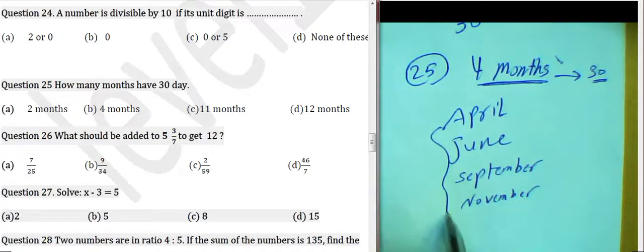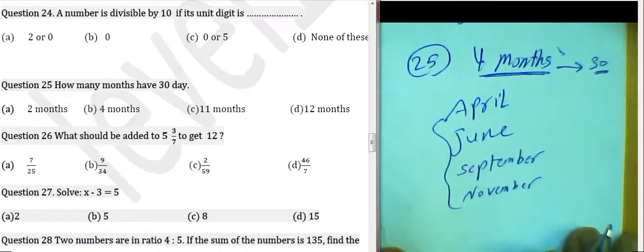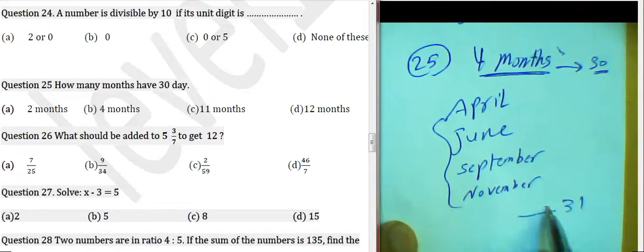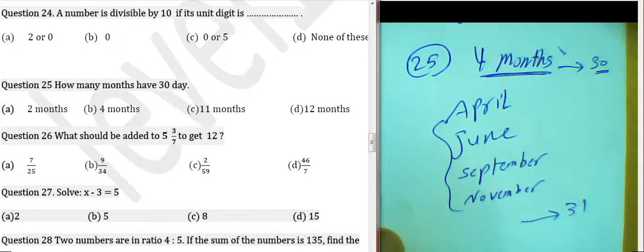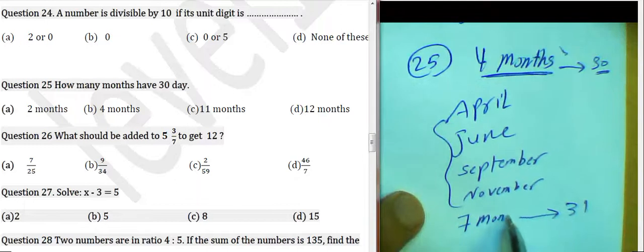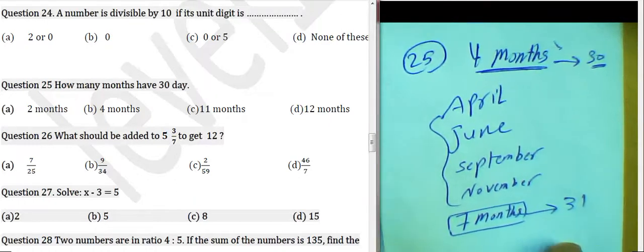So we have 4 months. And what about 31 days? We have 7 months. 7 months contain 31 days.